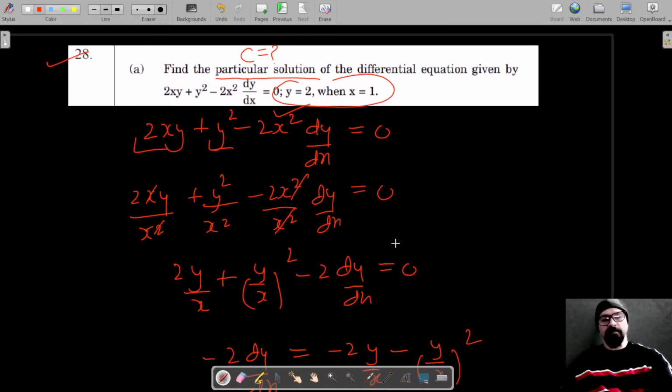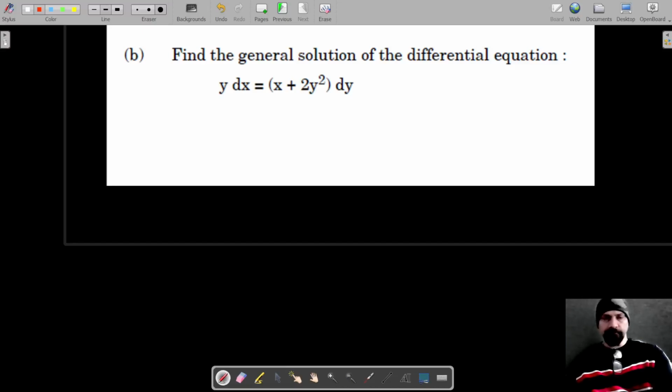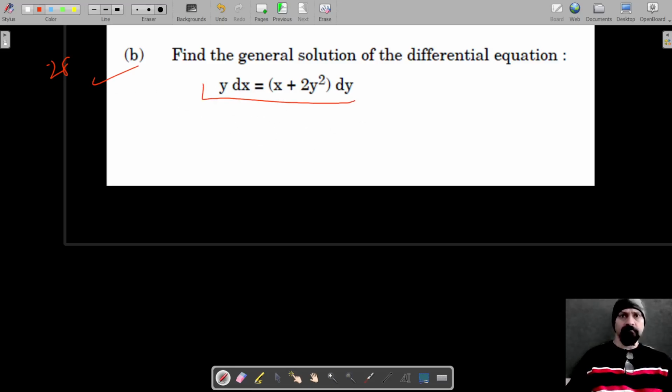Moving on to part B of the same question. Okay, for question number 28, part B, we have to find the general solution of the differential equation. So let's try to get into some known form. If I divide each and every term by dy, so this is y into dx by dy is equal to x plus 2y the whole square.